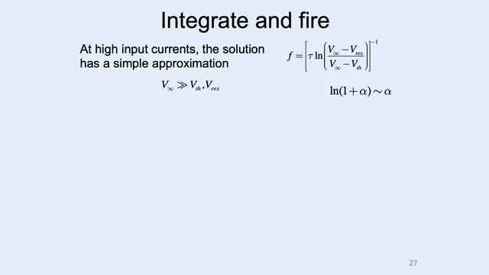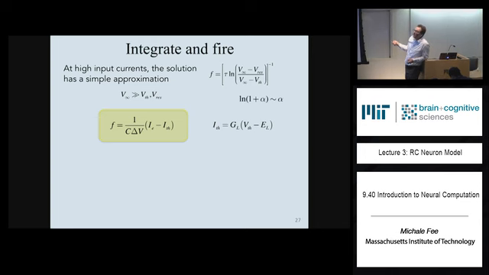So as this approaches 1, you can write it as 1 plus alpha, and that whole thing approximates to alpha. And when you do that and you solve for the firing rate, what you find is that the firing rate is just 1 over C delta V times the injected current minus the threshold current. The threshold current is just the rheobase that we calculated before.